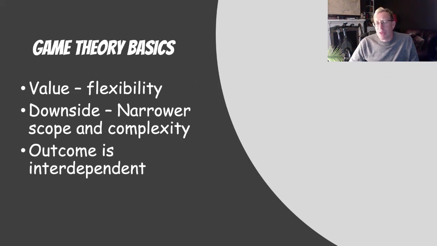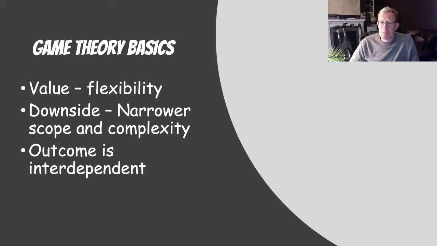But the most important thing to understand about game theory is not that there are limitations and not that it allows us more flexibility, but that the outcome of any of these games is entirely interdependent upon the actions taken by the players. So no single player can say, this is what the game will always be.